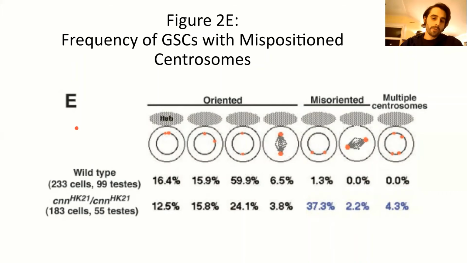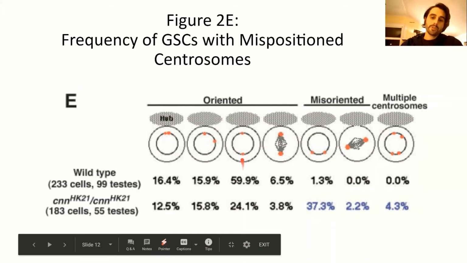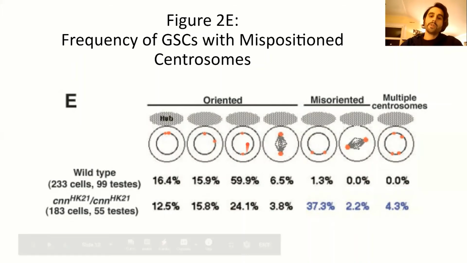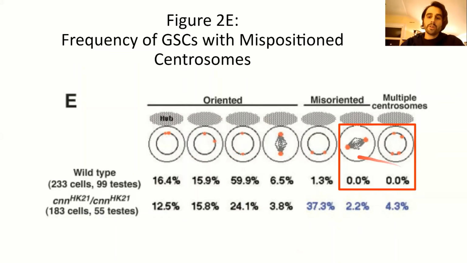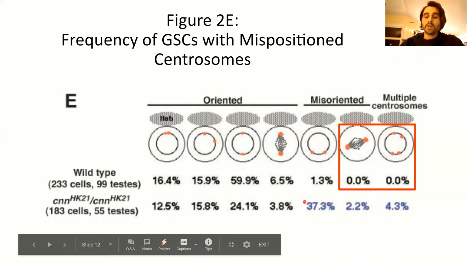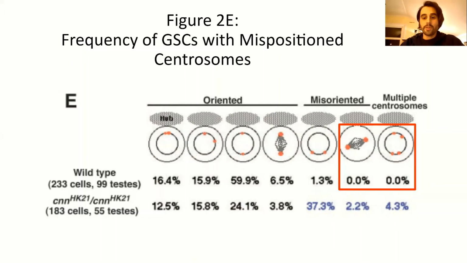The normal diametrically opposed centrosomes aligning perpendicularly with the hub GSC interface decreased by about half. Two conformations were shown that were not observed in wild type before. One, the misoriented centrosomes increased quite a bit, where neither centrosome was adjacent to the germ stem cell hub interface.